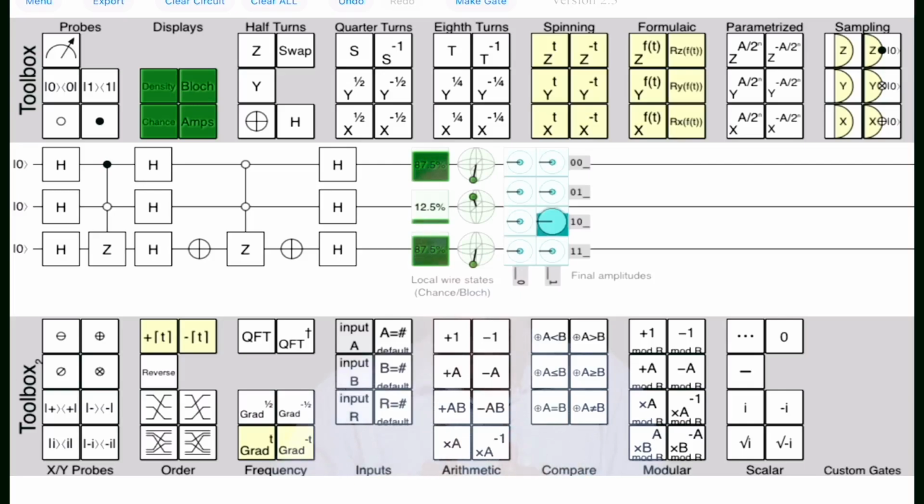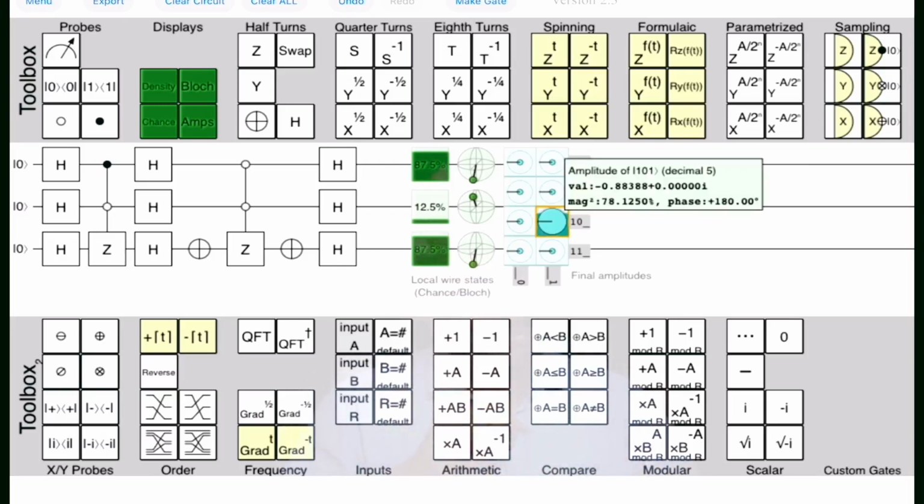After the first 3 Hadamards, please check control, anti-control, Z. So why are there no Pauli X operators on the left and right side of that Z? Because we have 1 0 1. Wherever 0 is there, only then you have to take the left and right Pauli X matrices. That's good. And see, this is the answer. So 5 is the target, and why did you get this minus phase change there, 180?